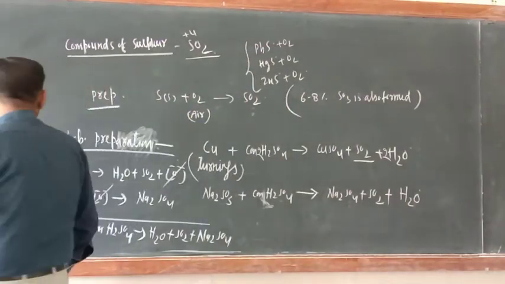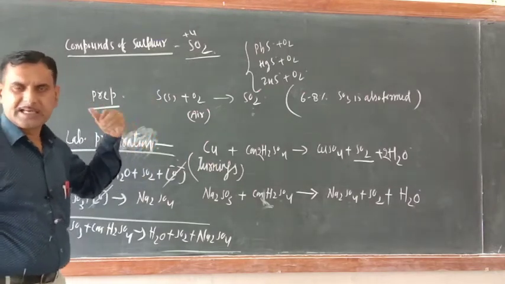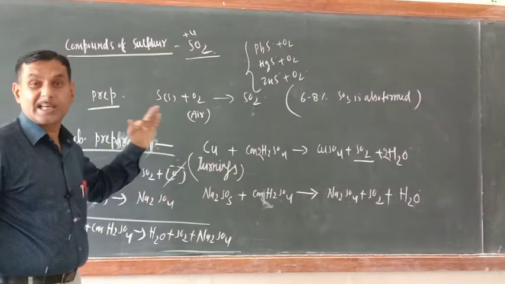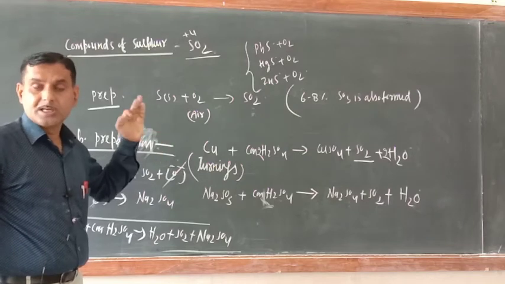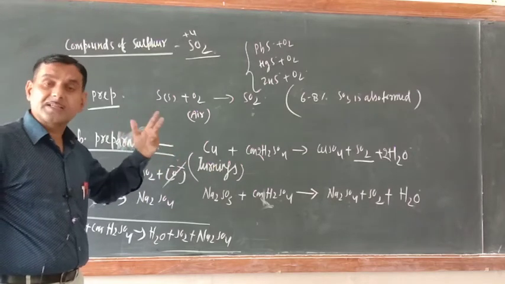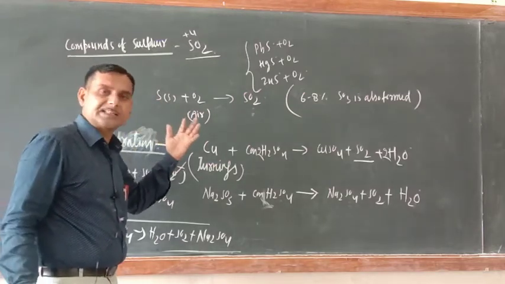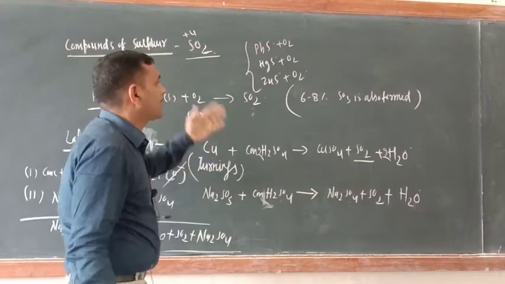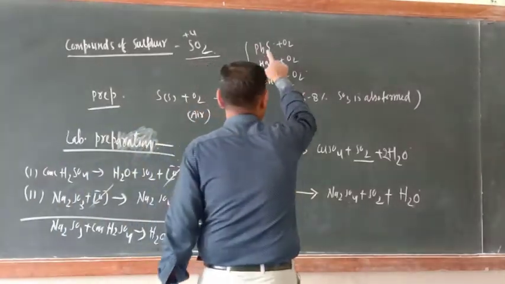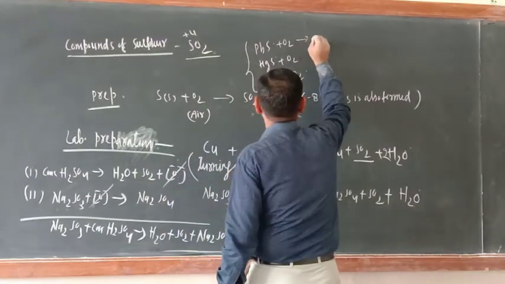There are two processes of treating the ore with oxygen: calcination and roasting. Roasting is done for the sulfide ores, and for the rest of the ores calcination is done. You know the difference between calcination and roasting. So when these heavy metal sulfides are treated with oxygen, what is formed here?